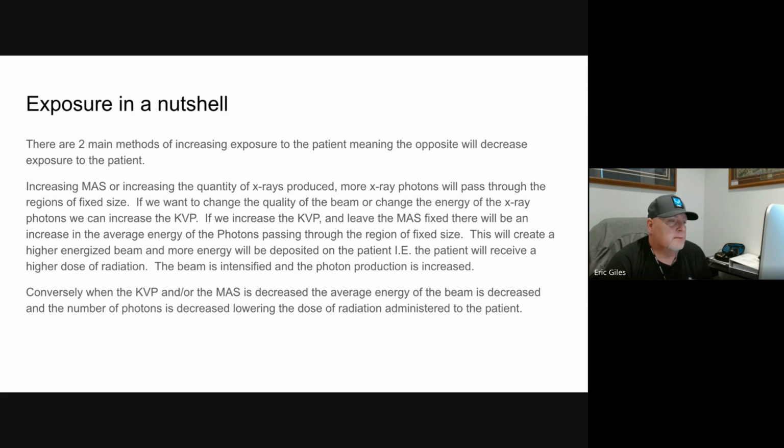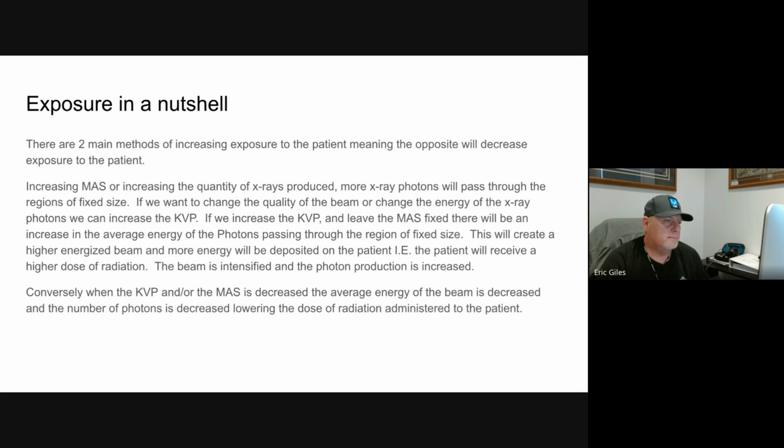So increasing mass, or increasing the quantity of X-rays produced, means more X-ray photons will pass through the regions of fixed size, or the body. If we want to change the quality of our beam, or change the energy of the X-ray photons, we will increase the kVp. We will get into this a lot deeper when we talk about technique.